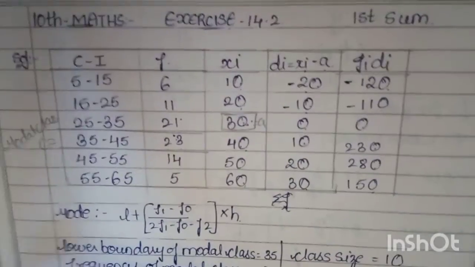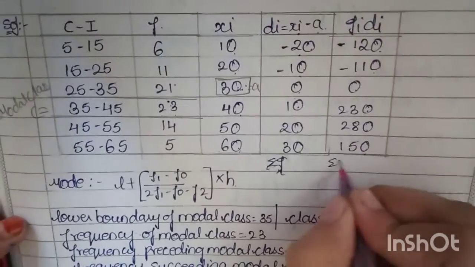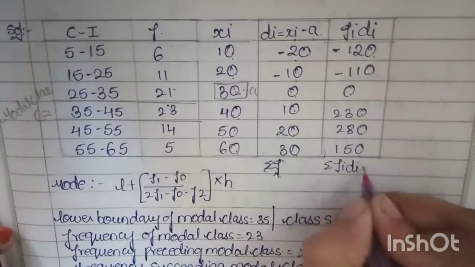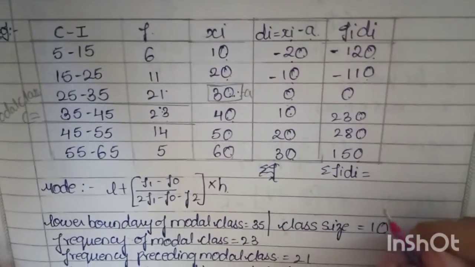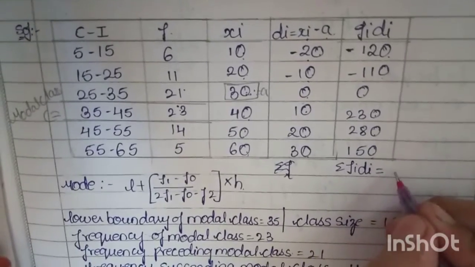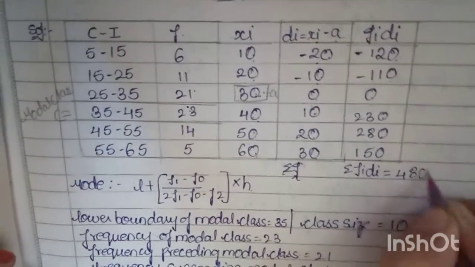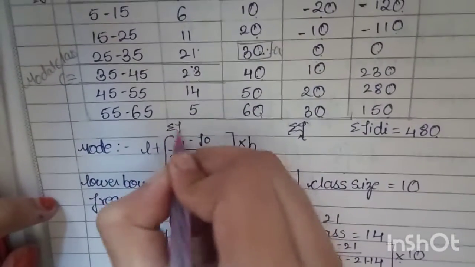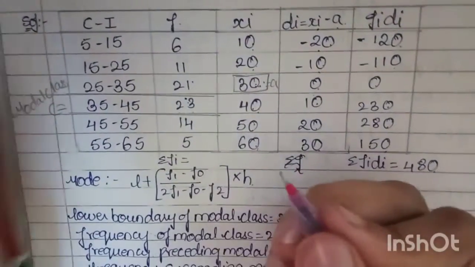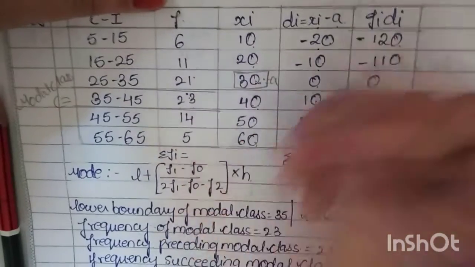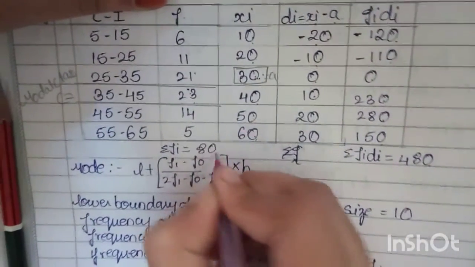Now we have to add all these values, that is sigma fi di. On adding all these values, you get 480. Sigma fi, the frequency, just add all these values, is 80.